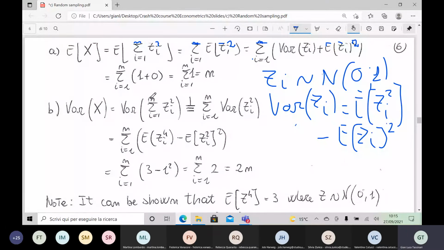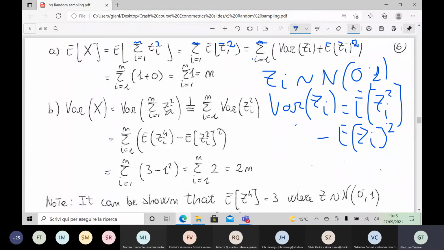You remember that in general, the variance of a sum is equal to the sum of the variances plus the double product of all the covariances between pairs of random variables involved. However, guys, in this case think at the definition. I told you that a chi-square with n degrees of freedom is the sum of the squares of n independent standard normal random variables.